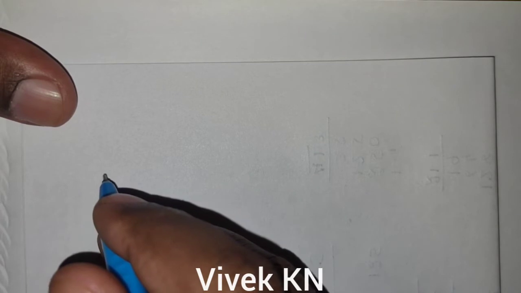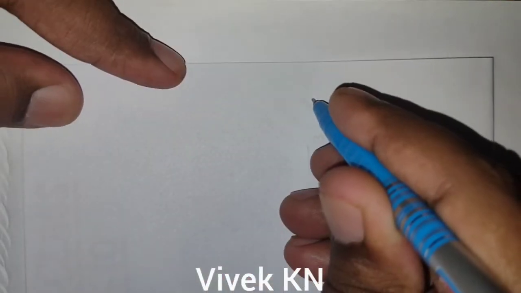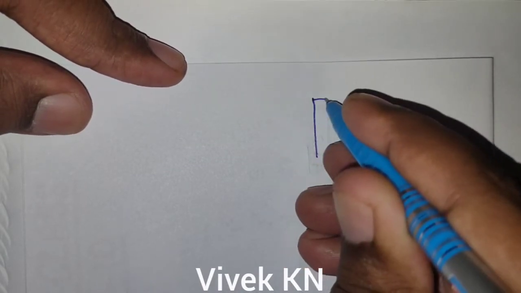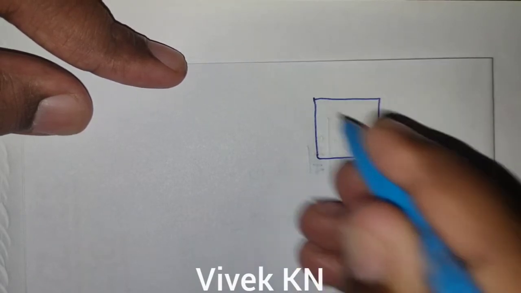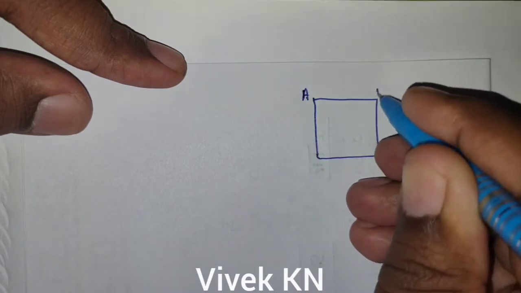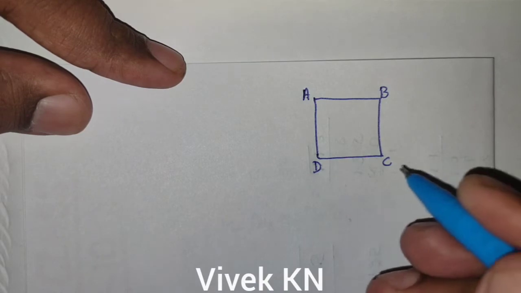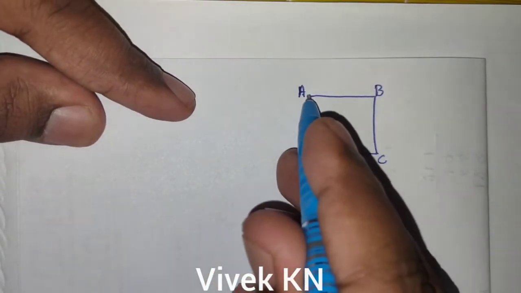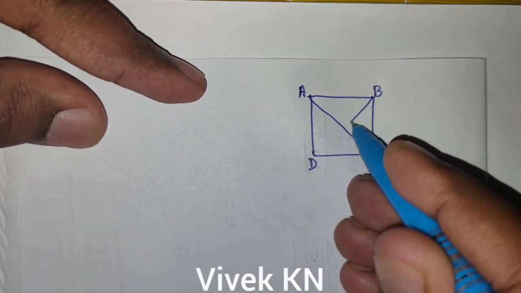To solve this problem, first we need to memorize the properties of a square. So let us assume this is a square and this is point A, this is point B, this is point C and this is point D, and this is the diagonal AC and this is the diagonal BD.